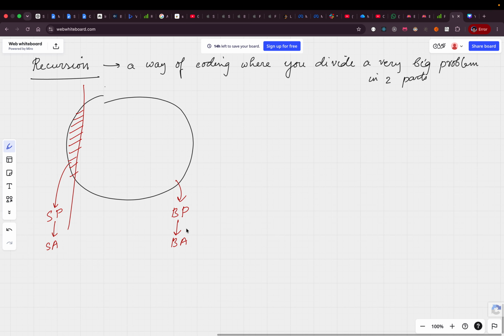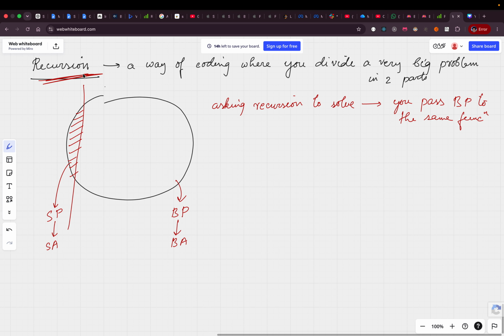Now, when I say we will ask recursion to solve, what do I even mean by recursion? Asking recursion to solve means that you pass the bigger problem to the same function. This is what you do.